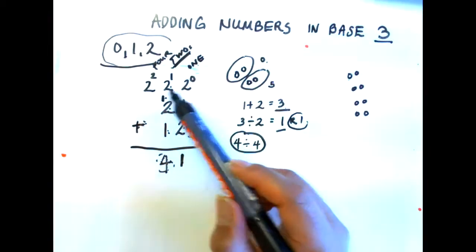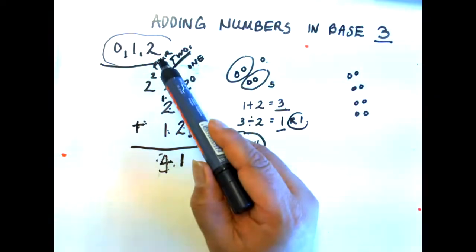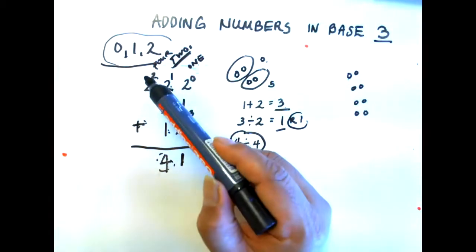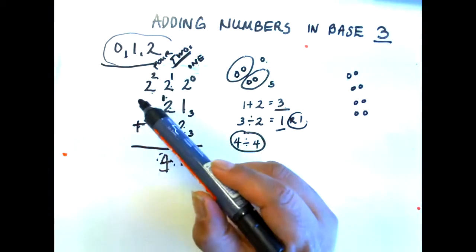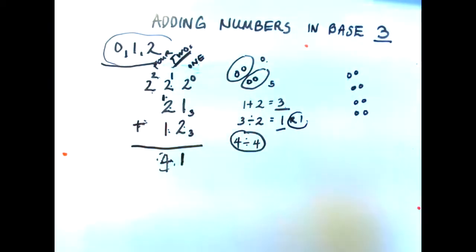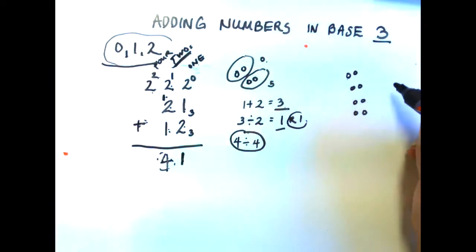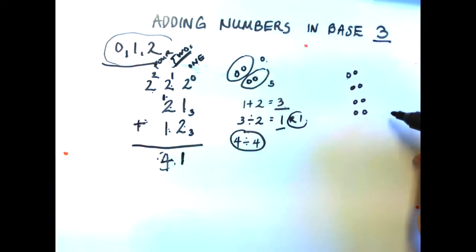And the question here then is, how many groups of 2s are there? 2 groups of 2s are there. So it's essentially saying how many groups of 2s are there? Tricky, isn't it?